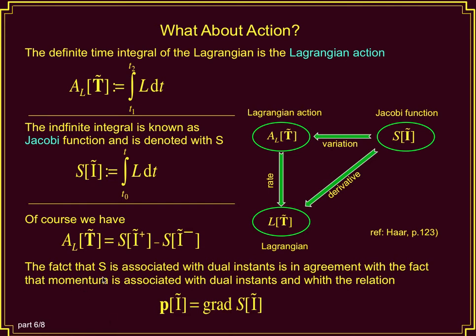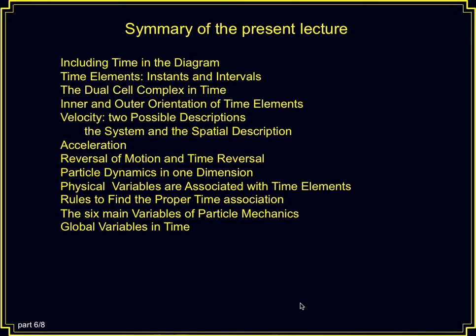The fact that S, the Jacobi function, is associated with dual instants is in agreement with the fact that the momentum is associated with dual instant, by means of the relation that vector P is a gradient of action.